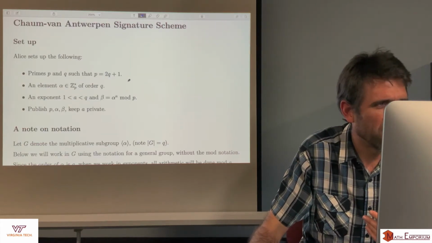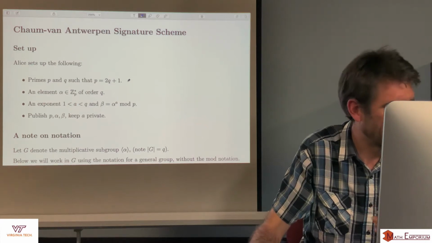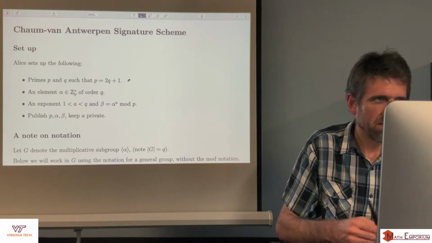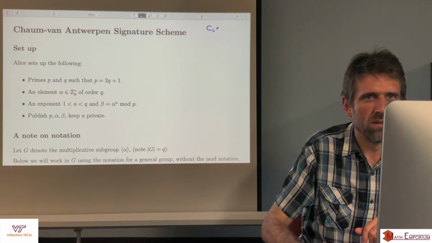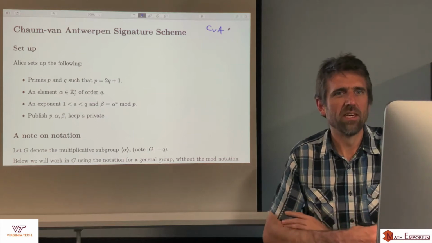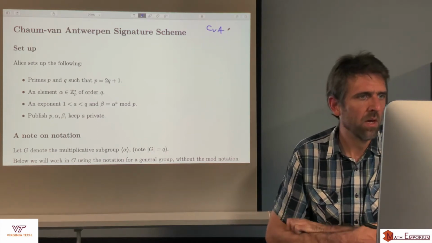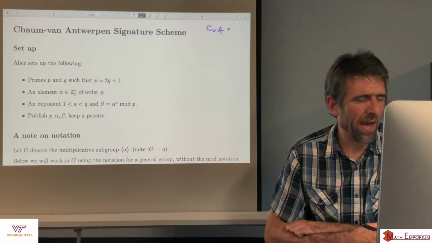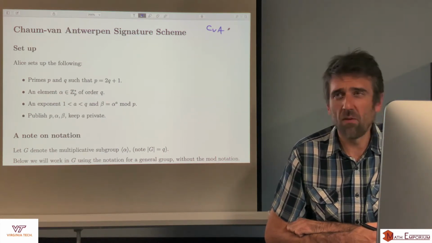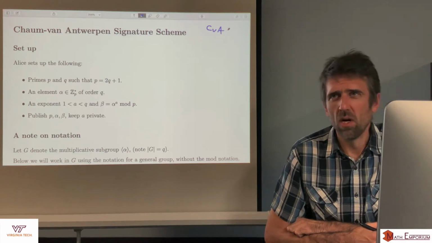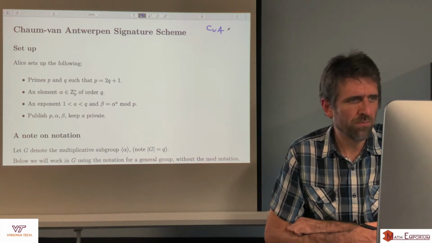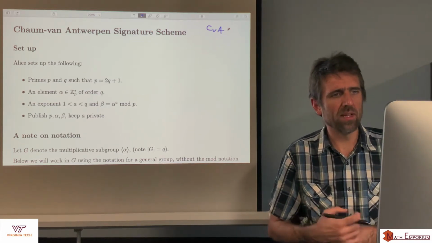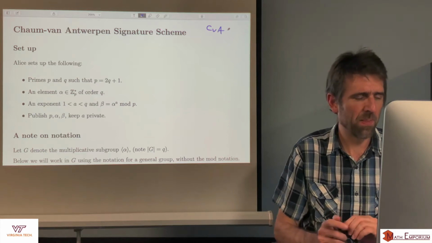All right, so we're going to look at an example of such a scheme. This is called the Chaum-van Antwerpen signature scheme, which we'll abbreviate as CVA from here forward. Alice is going to set things up in the following way. She picks a Sophie Germain pair, primes P and Q such that P is equal to 2Q plus 1, then an element alpha of order Q. We saw a couple classes ago how to set that up.